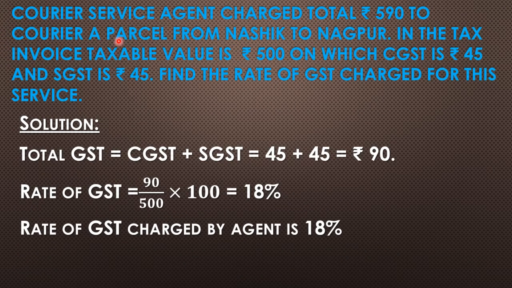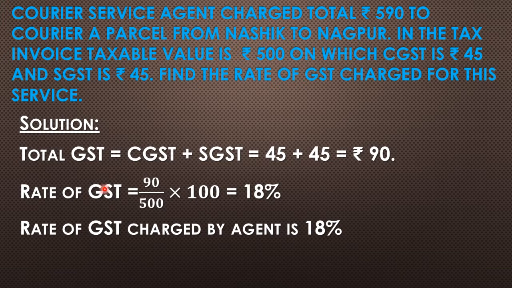Next, a courier service agent charged a total of rupees 590 to courier a parcel from Nasik to Nagpur. In the tax invoice, the taxable value is rupees 500, on which CGST is rupees 45 and SGST is also rupees 45. Find the rate of GST that is charged for the service. Total GST will be CGST plus SGST, that is 45 plus 45 equal to 90. So the amount of total GST is rupees 90.